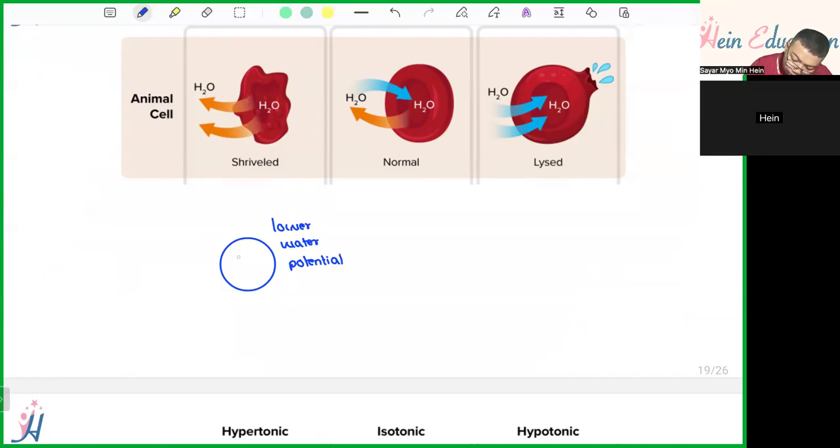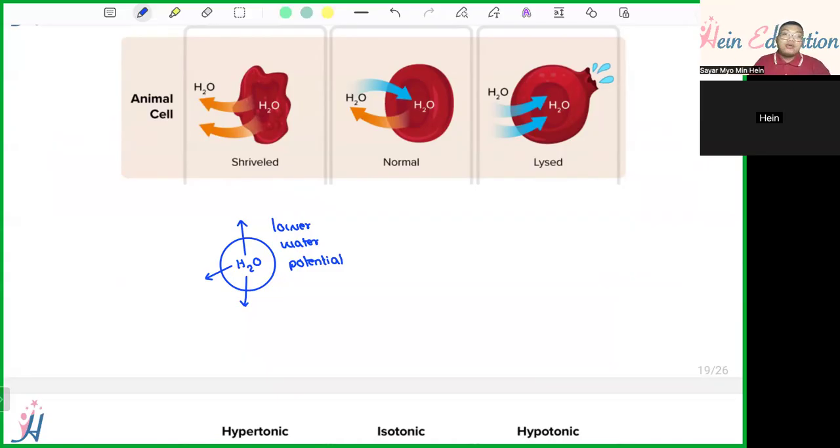Therefore, the H2O will move out of the cells. There is a higher water potential inside the cells than outside of the cells, so water moves out of the cells by osmosis. You can imagine water moving out of the cell.